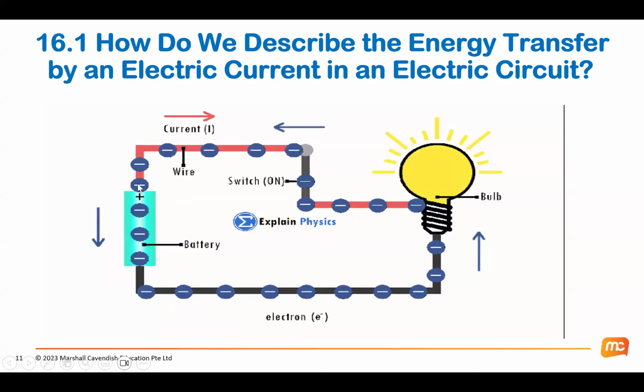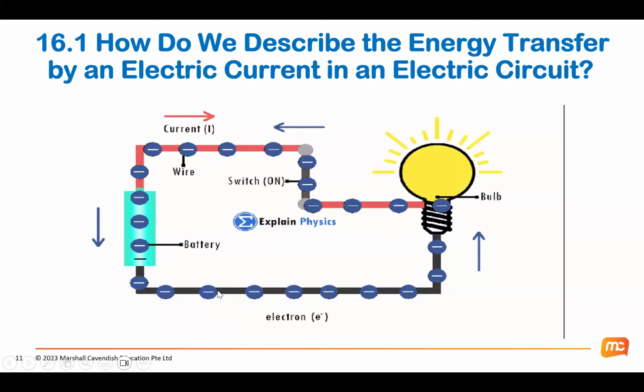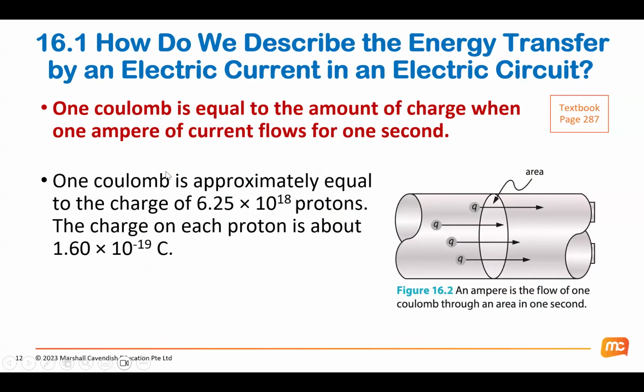The current is always flowing from the plus side to the minus side, and the electrons are flowing in the opposite direction, but we'll talk about the directions later on. So if I want to measure the current, I just put an instrument to measure how much charge is flowing through every 1 second in this circuit. 1 coulomb is actually defined as the amount of charge when 1 ampere of current flows through for 1 second.